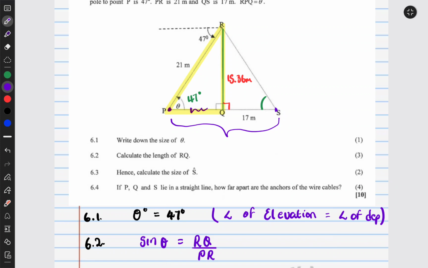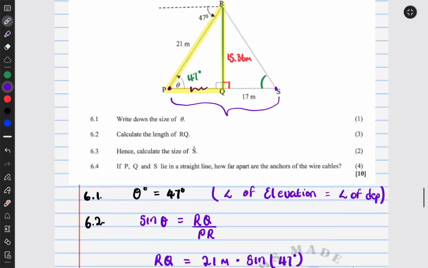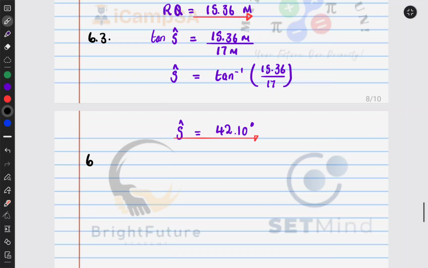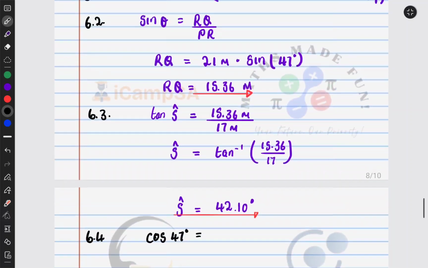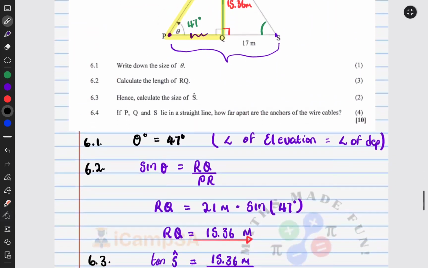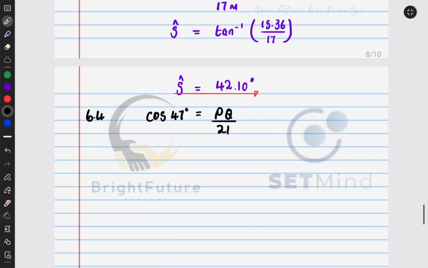Okay, so let's consider the first or the highlighted right angle triangle. PQ is adjacent to 47 degrees, and we have a hypotenuse side there of 21 meters. So we can use the cosine function to determine the value of PQ. This is 6.4. So cos 47 degrees is equal to the adjacent side, PQ, what we are looking for, divided by the hypotenuse side, PR, 21 meters.